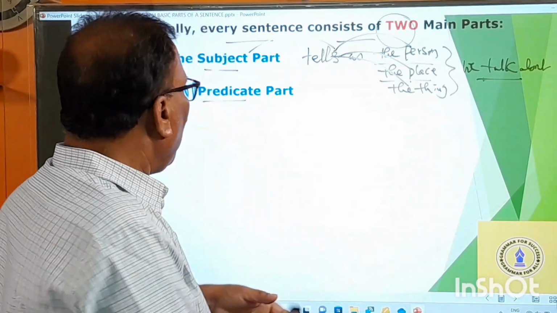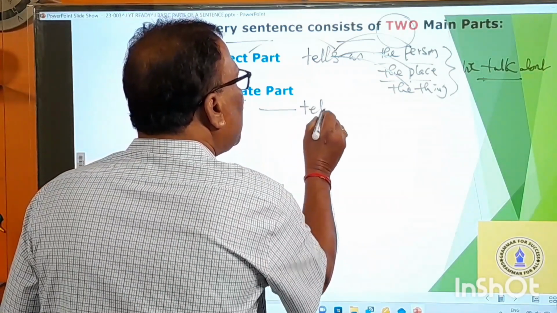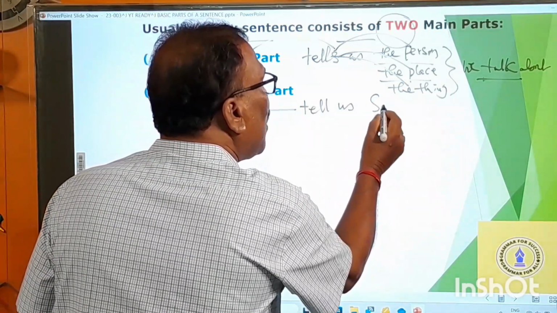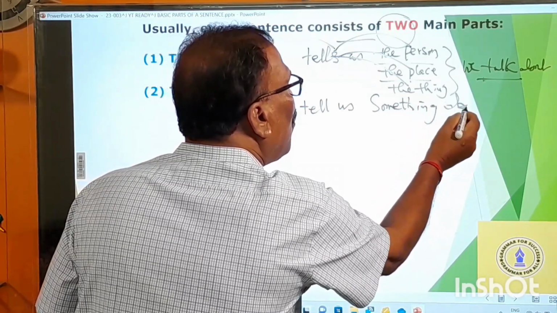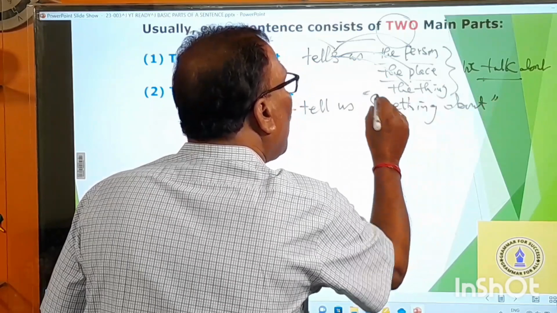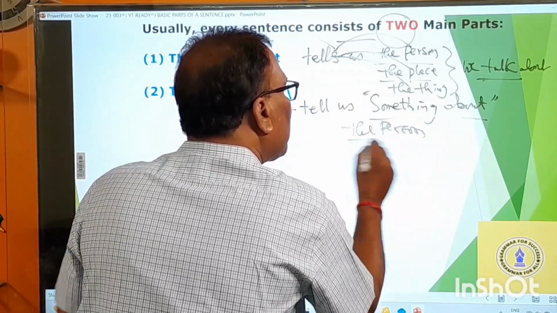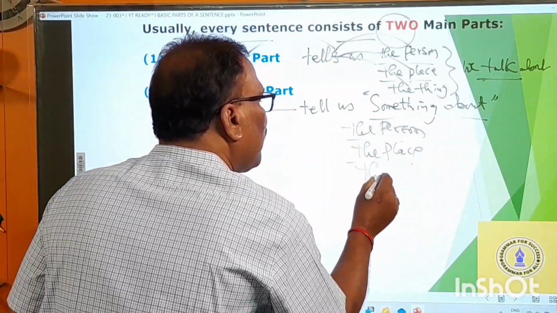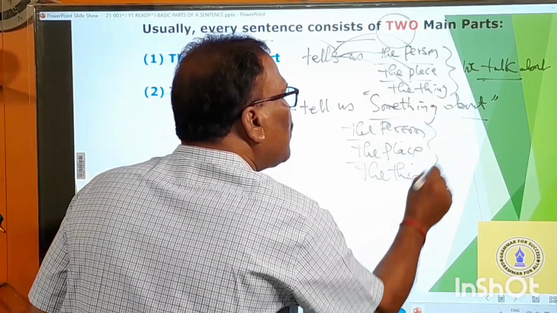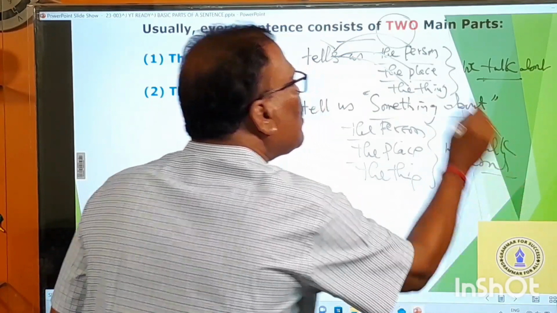Point is clear. And now you go to the predicate part. What does this predicate part do? It tells us something about the person, the place, or the thing we talk about in the sentence.